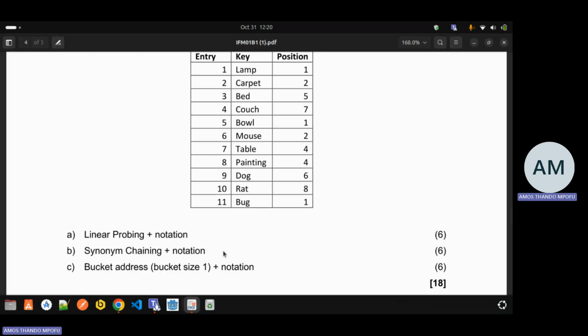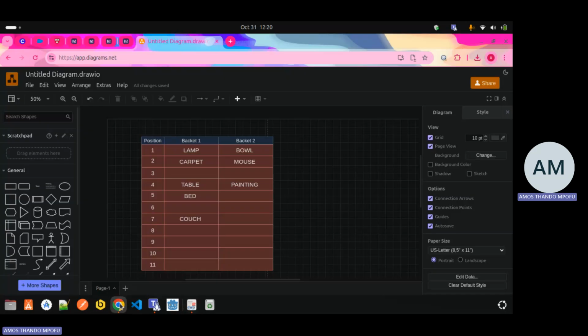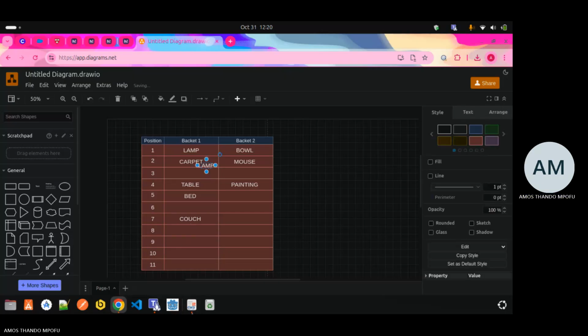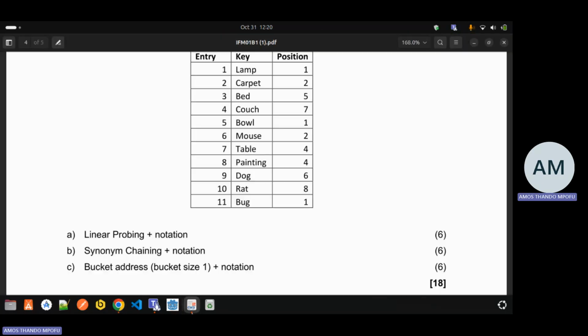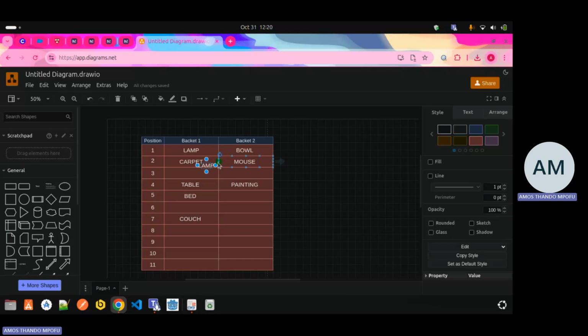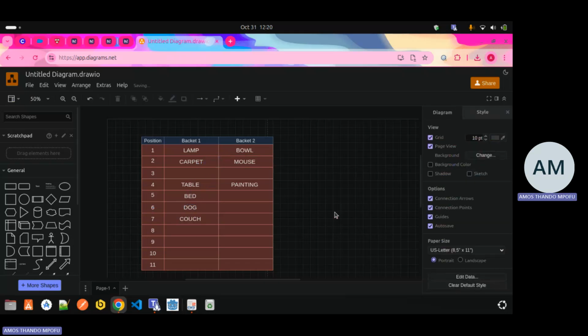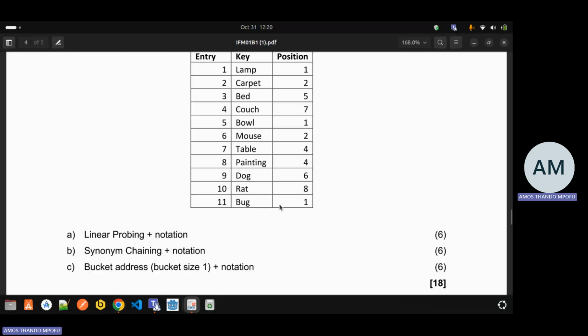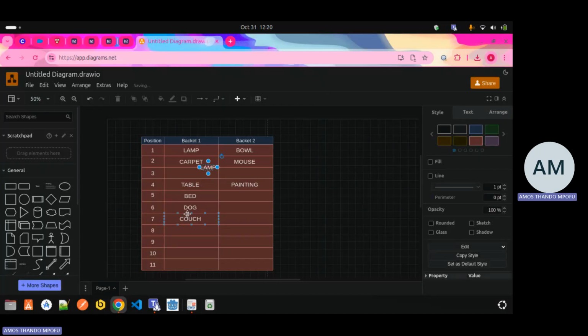And then dog, index 9? No, dog is at index 6. So why am I saying 9? Index 6 is dog, and there's nothing at index 6. So it will go into the first bucket. And then rat is at index 8. So we're going to check index 8 is available in the first bucket.